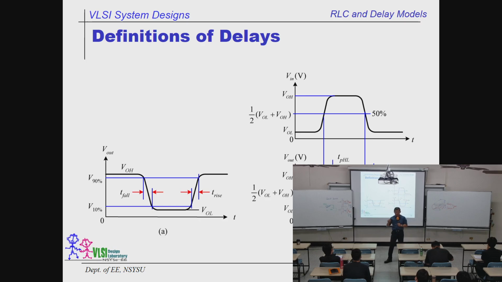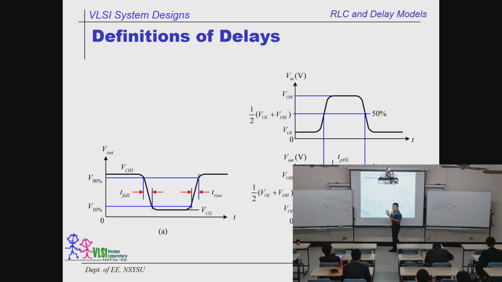P stands for propagation delay, high to low. This stands for the edge, P high to low. And similarly, we are going to have a propagation low to high. So it's 50% to 50%. That's the definition of a propagation delay.